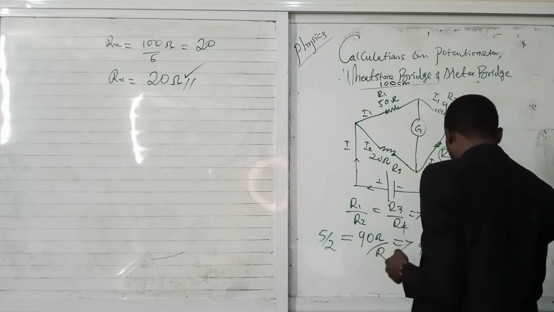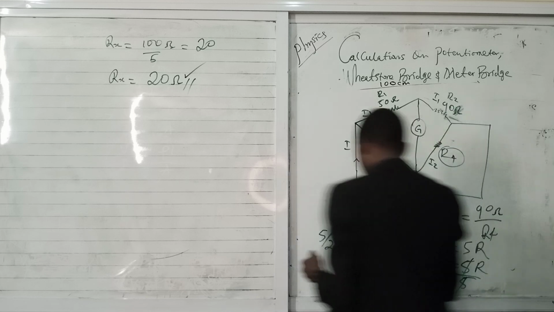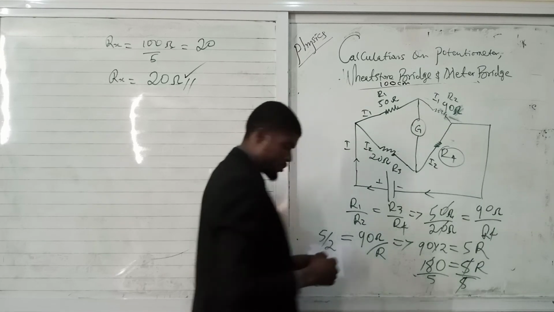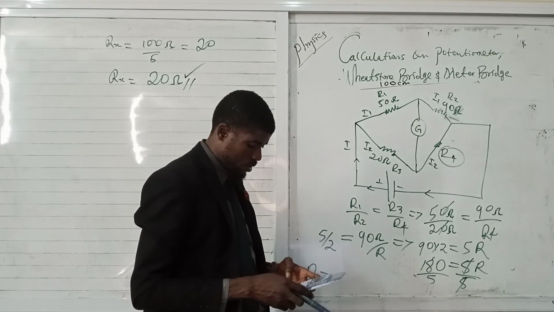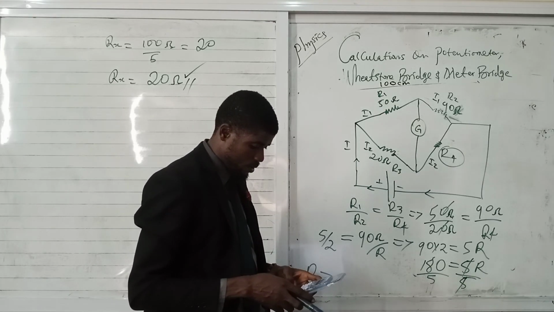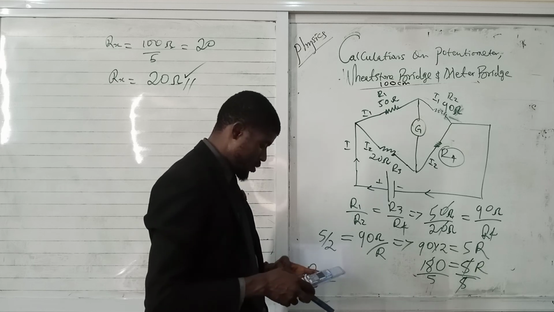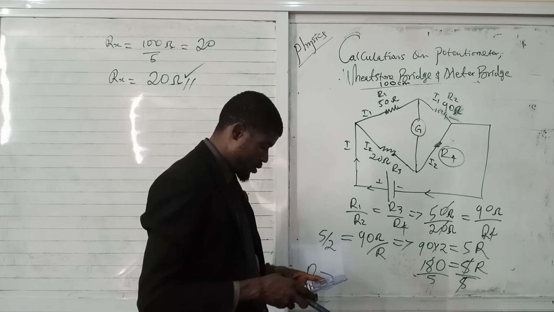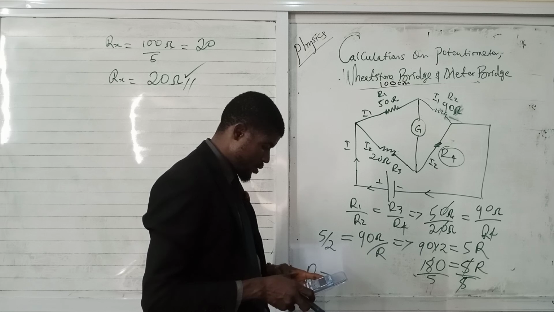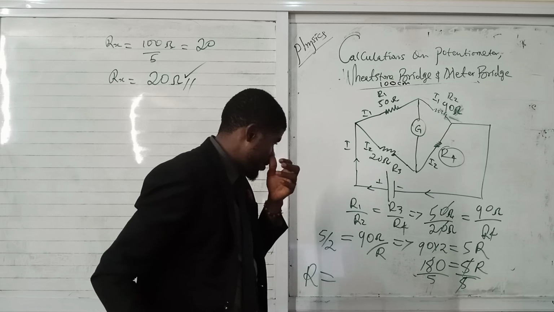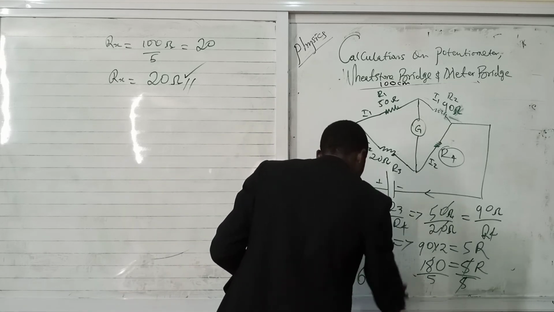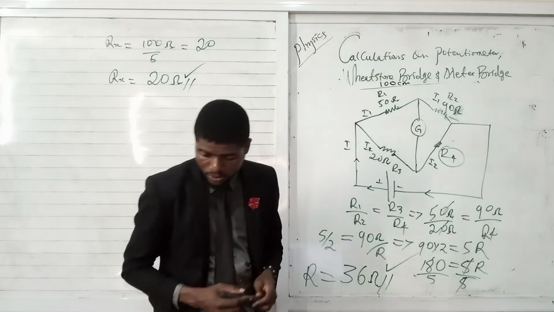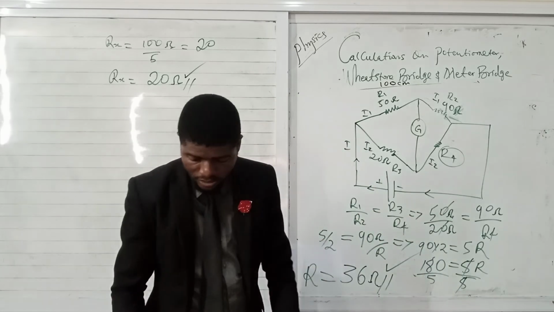Divide both sides by 5, and your R is 36. We have 36 ohm, and we are correct. Yes, here the answer is B.